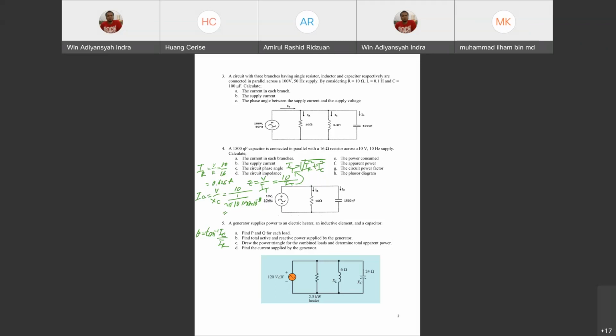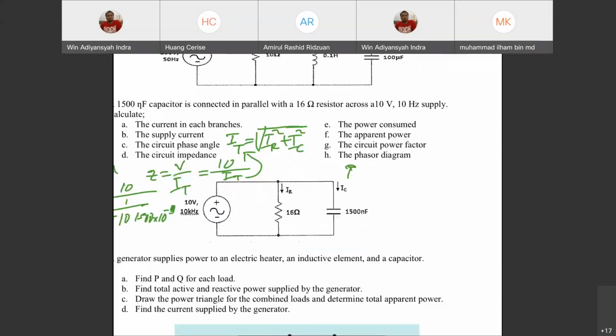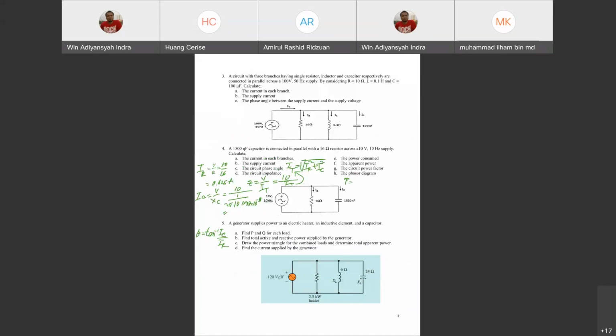And then power consumed, P. Remember, power consumed only involves the R. Okay, P resistive.